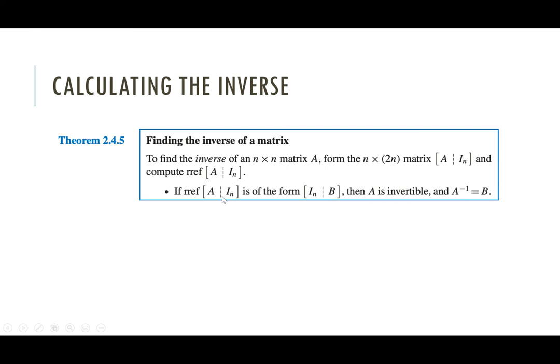If you get the identity matrix on the left side and some other matrix on the right side, then you know that A is invertible by our bread and butter test, because the reduced row echelon form ended up being the identity matrix. So A is invertible, and the inverse matrix is B.